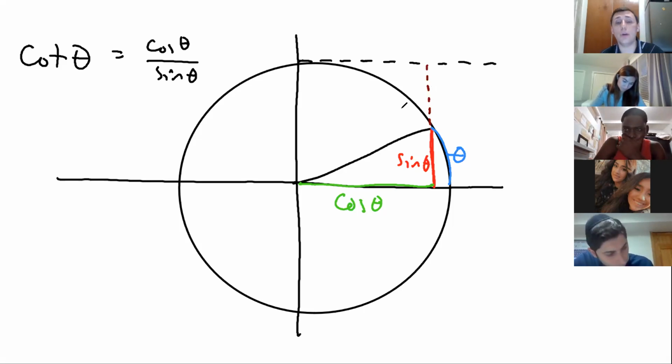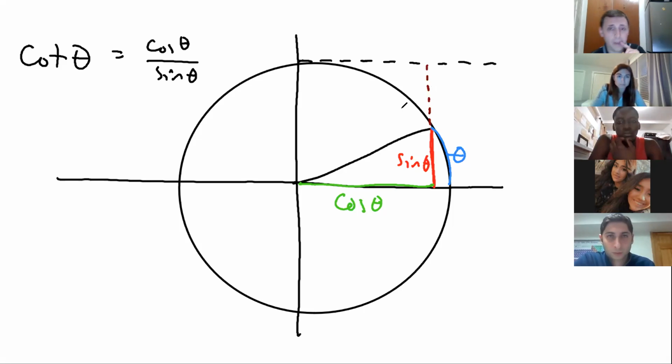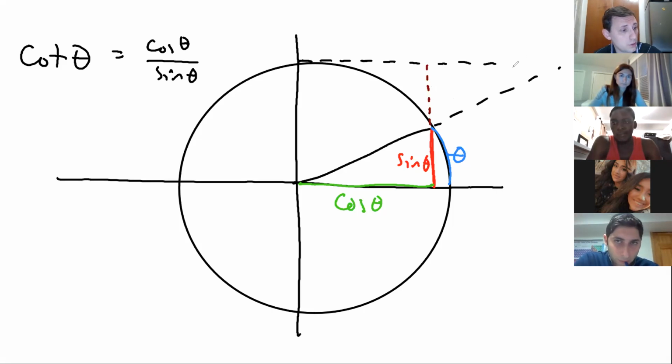And now, if I extend sine so that its length is 1, what sort of triangle do I get? Okay, sine has to be extended to be of length 1. For that to happen, I can scale this triangle, pushing it over here.